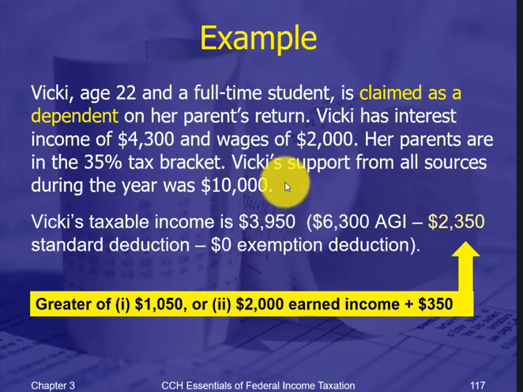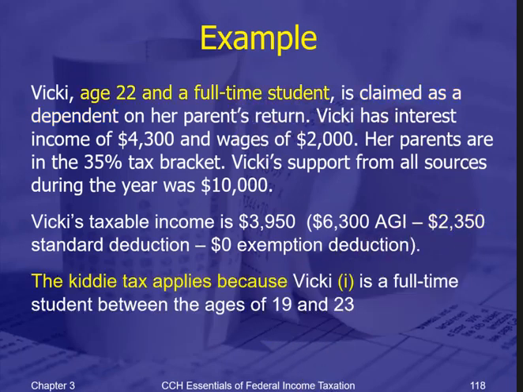So anything to do with wages does not trigger this. All right? In fact, the regular standard deduction applies to the wages part, and in this case, the extra $350, like we learned about standard deductions way back in Chapter 1.